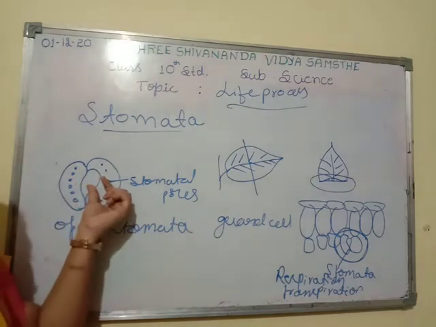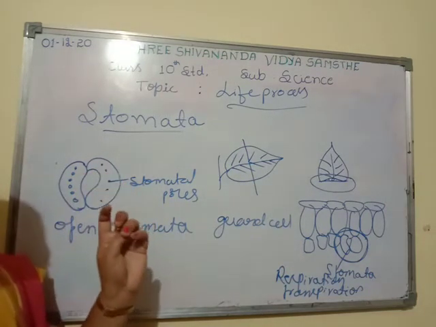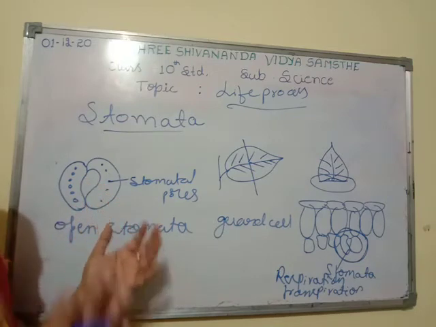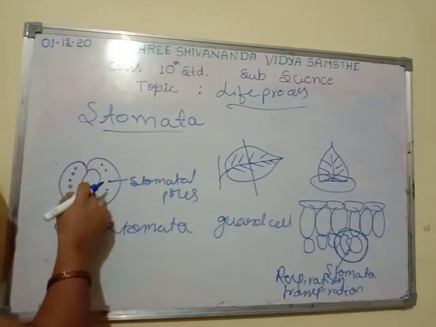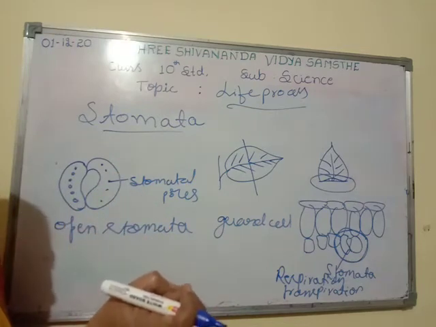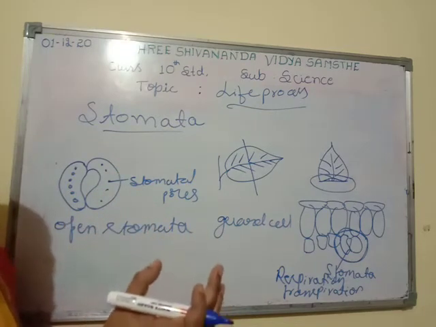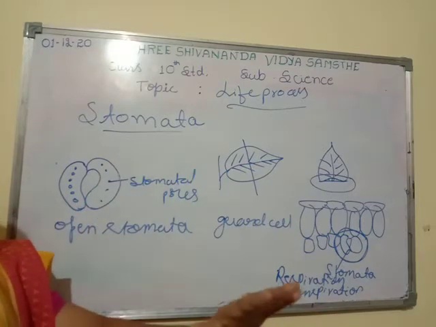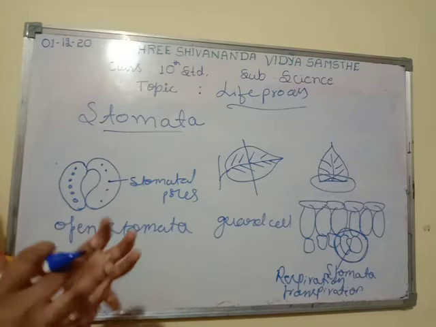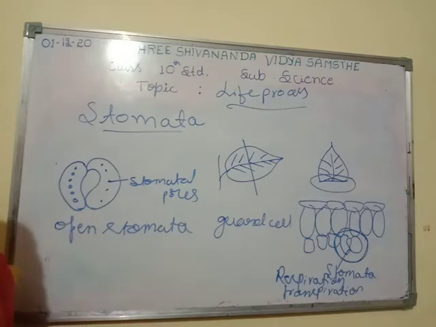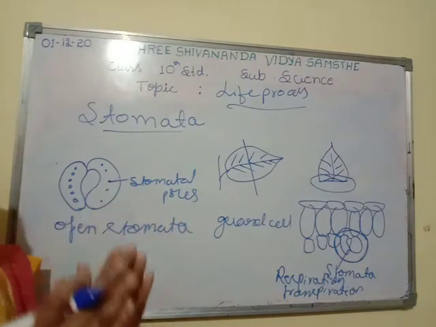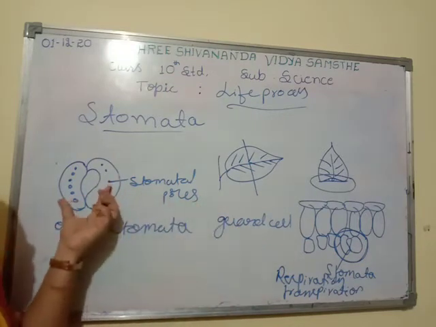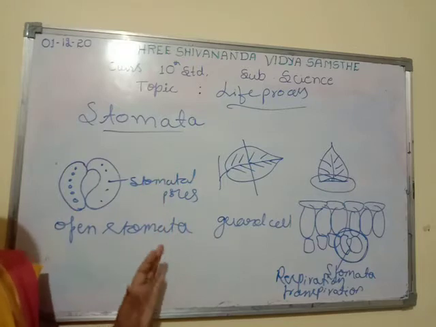Respiration and transpiration all happen through this. When air enters the stomata, this will shrink, and this will expand. When the same air is expelled out from the plant body, the size of the stomata will increase. So the increasing and decreasing of the stomatal or guard cell is also a very important process.